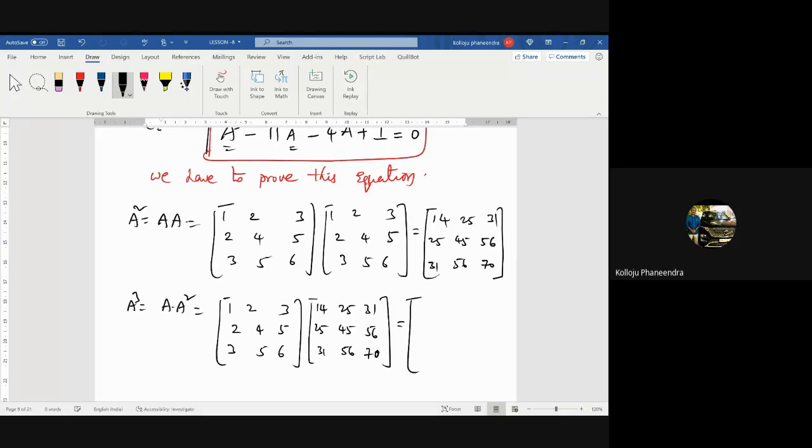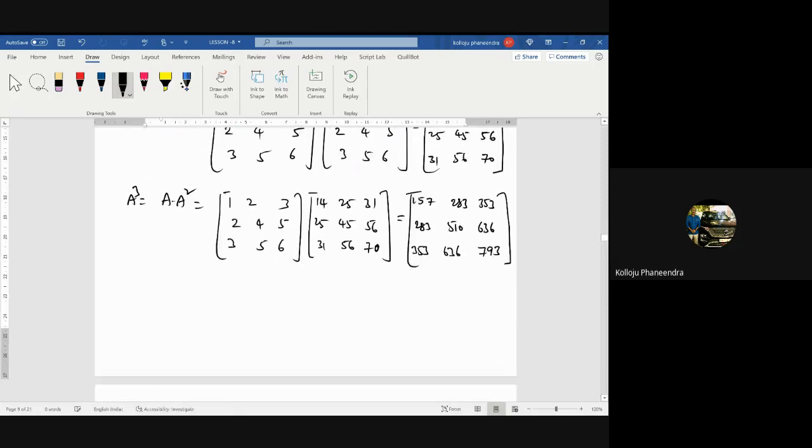Next, the product is 157, 283, 353, 283, 510, 636, 353, 636, 793. This is A cube.